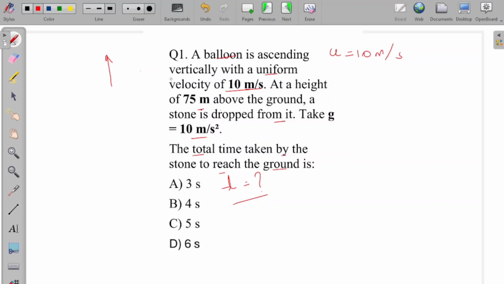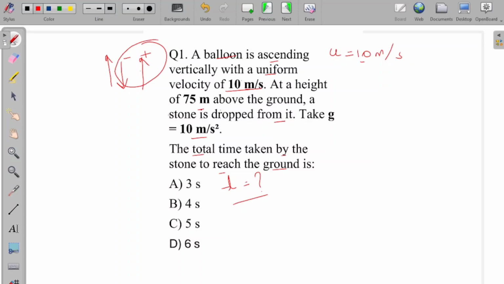Let's assume that all the quantities upwards will be taken with positive sign and downwards will be taken as negative sign. We will use this for solving the question. So we are taking the initial velocity with positive sign because the balloon is ascending and its velocity is same as the initial velocity of the stone.